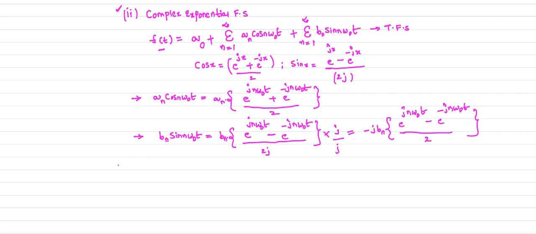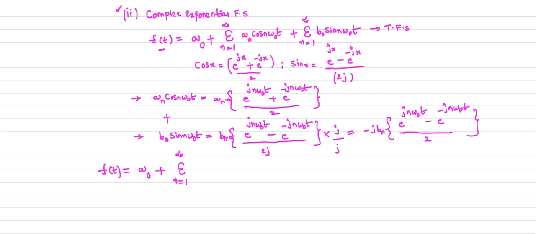Now coming to the Fourier representation, so f of t is what? f of t is a naught plus sigma. I can write those two expressions as a single summation, sigma n equal to 1 to infinity, if we add these two expressions, an cos n omega naught t plus bn sin n omega naught t.